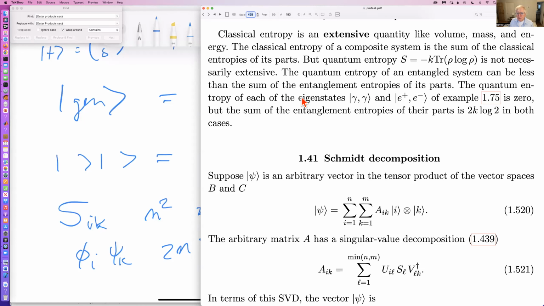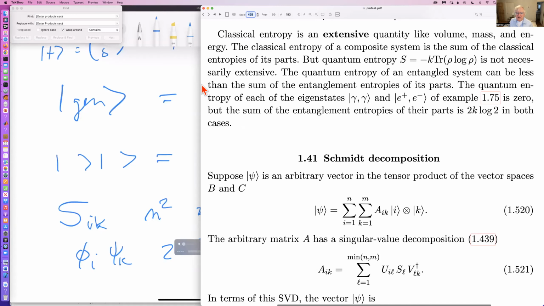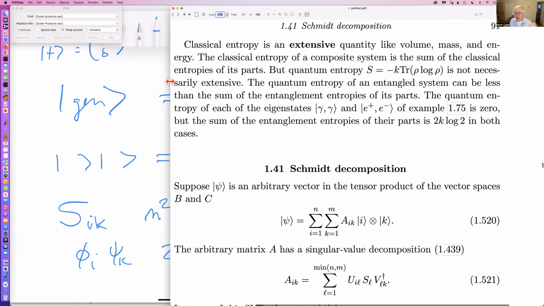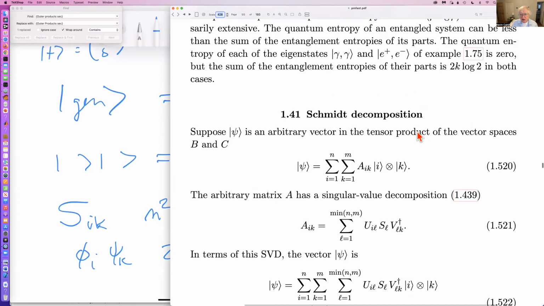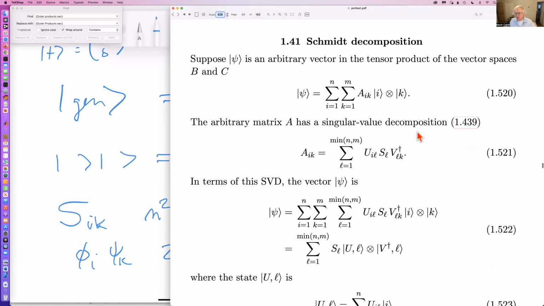The quantum entropy of each of the eigenstates, gamma gamma and E plus E minus of example 1.75, is 0. But the sum of the entanglement entropies of their parts is 2k log 2 in both cases. Okay, so that's an example of how quantum entropy can be different.